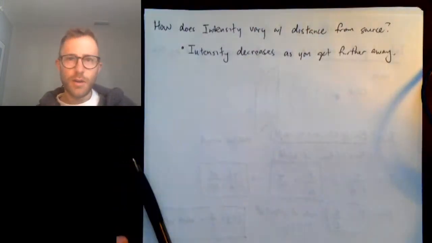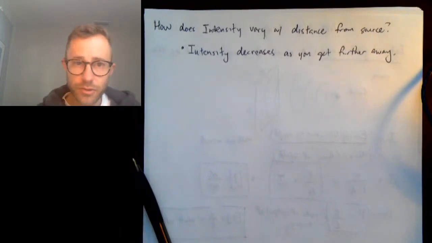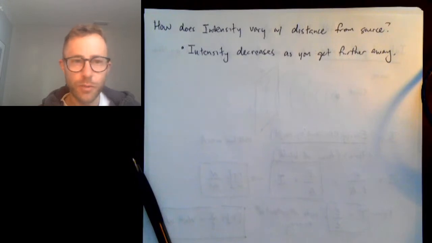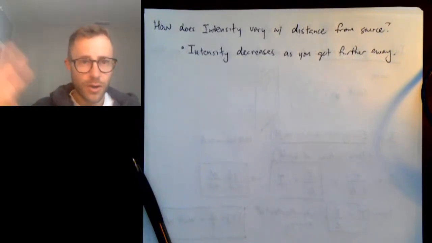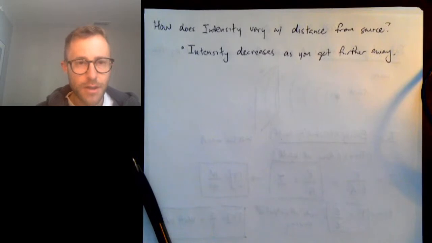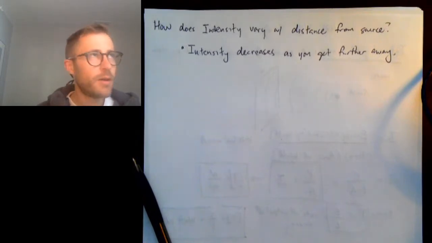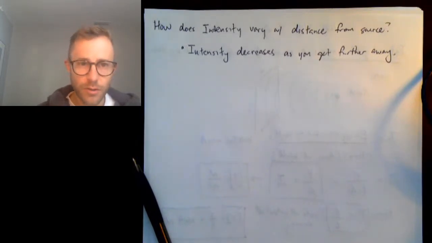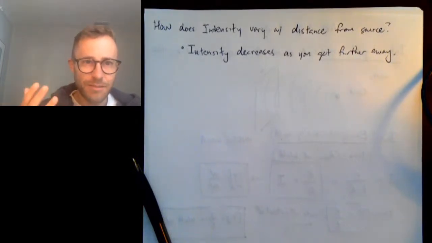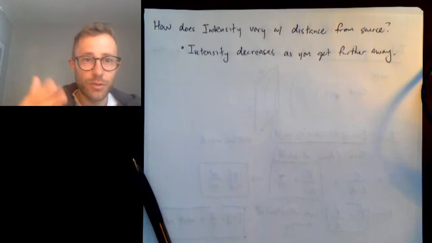All right. Same thing is true with light waves. So for example, the stars in the night sky, okay? If you look at the stars in the night sky, many, many, many of those stars are brighter than the sun. They're emitting more energy than the sun is. But intensity is kind of relative to your location, right?